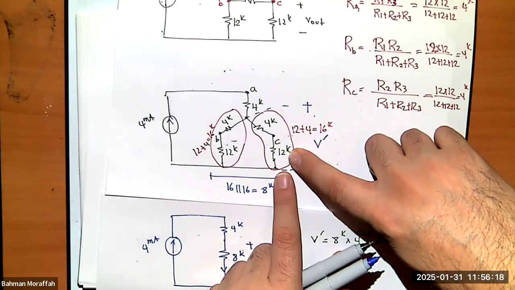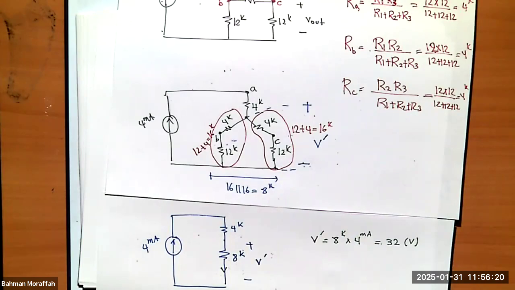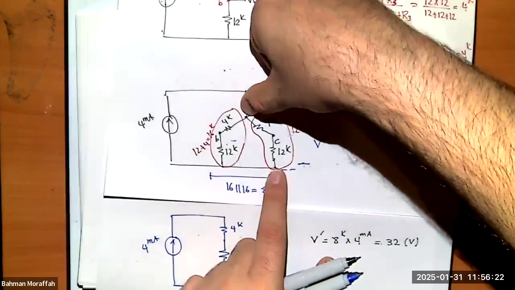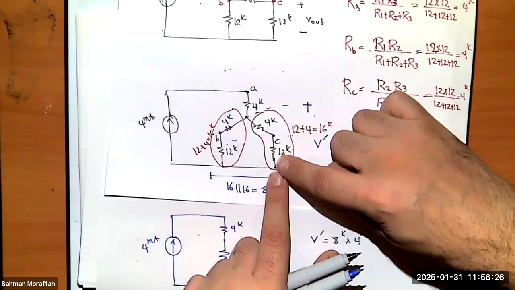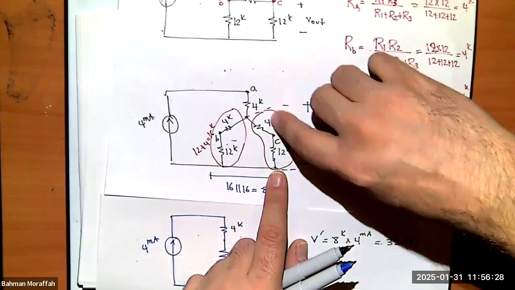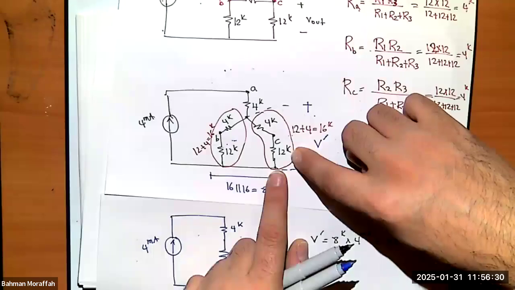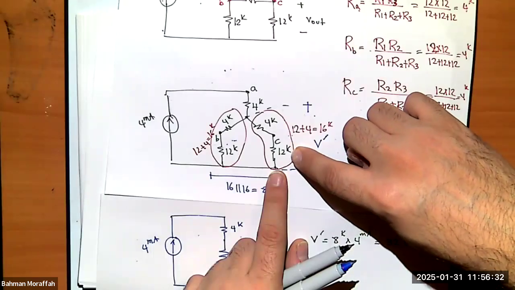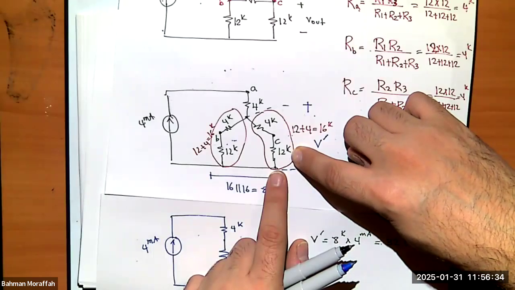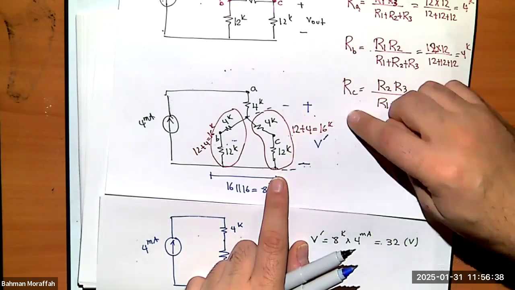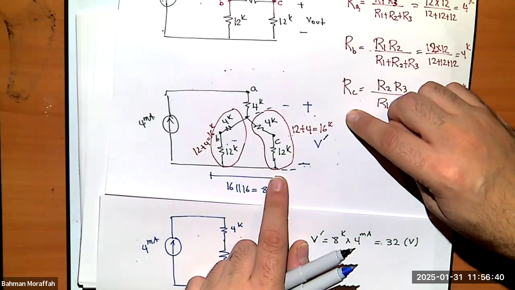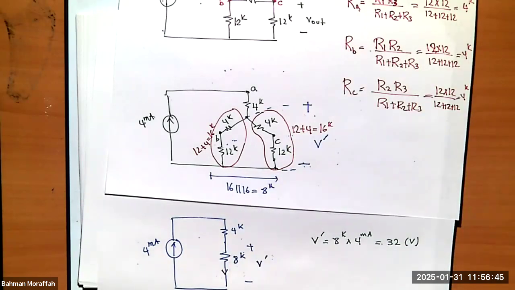There's another way of doing it. I know the voltage across both of them is 32. Therefore, the current through this thing is 32 divided by 4 plus 12, which is 2. What is the voltage across this guy? It's 12 times 2.